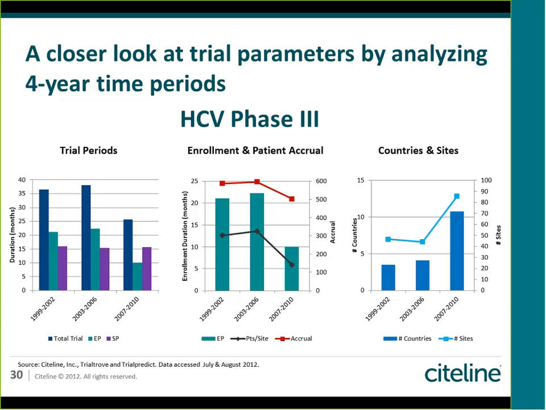In fact, there are examples of the newer antiviral drugs that have come around in the last 5 to 10 years, and they include the recently approved protease inhibitors, boceprevir and telaprevir, both of which entered phase 3 in 2008, which is in this last 4-year time period.